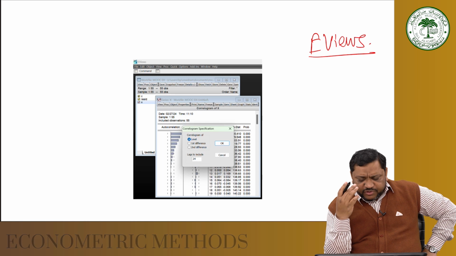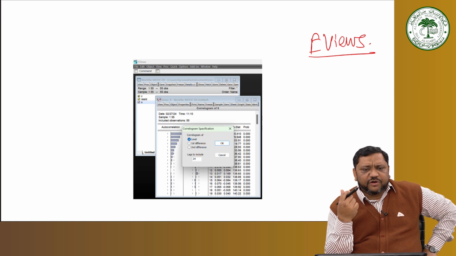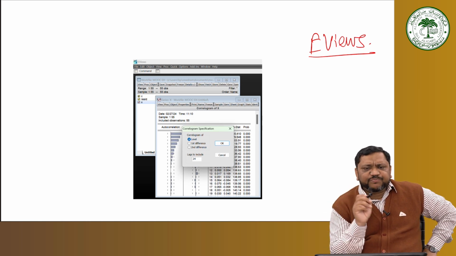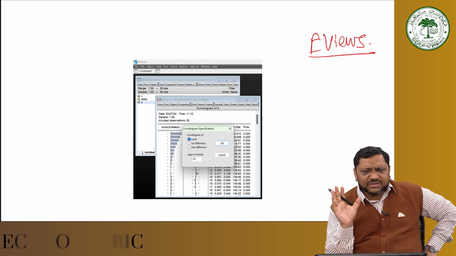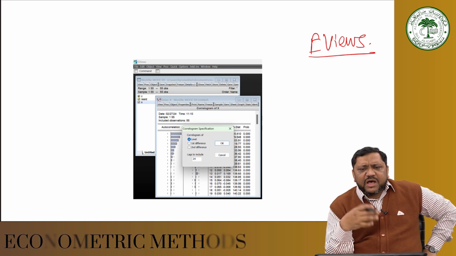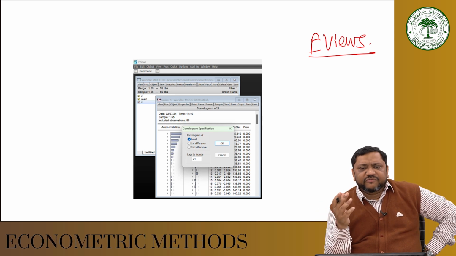Although it's not free, it's a paid one, the good thing is that for a short term, if you want to learn this software, you can go to Google and search for the eViews student version. There is a small proforma to be filled, and it needs only an email. Nothing else is required. You fill in that proforma, and on the email you give, you will get a link to the student version.